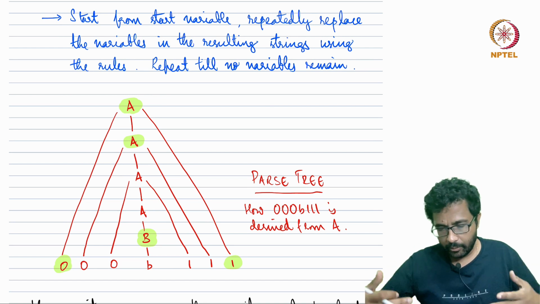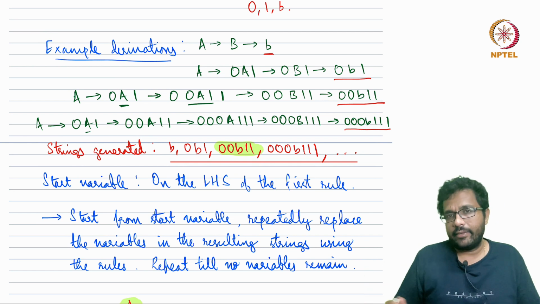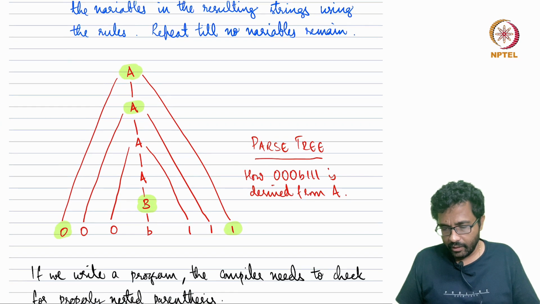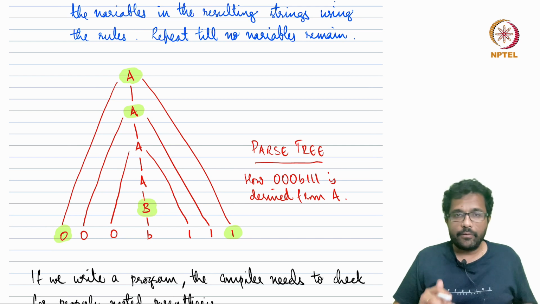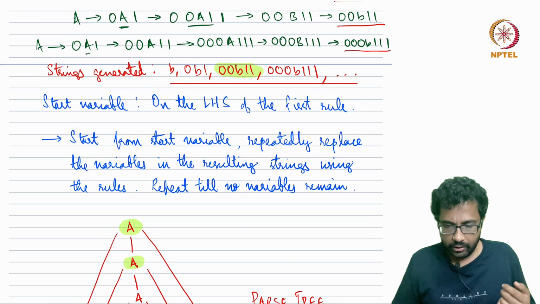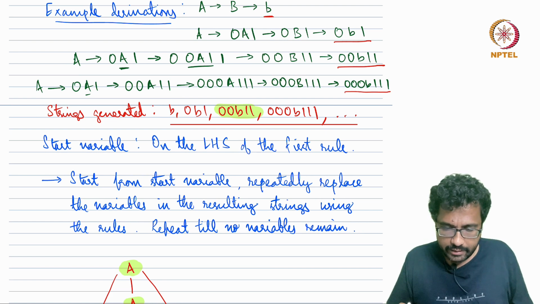The tree form is probably easier to visualize than writing repeated derivations. Sometimes this is helpful because you have multiple variables. In all the constructions we had here, we just had one variable each time.